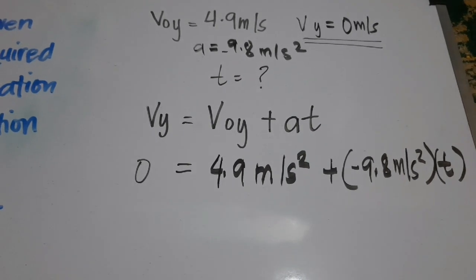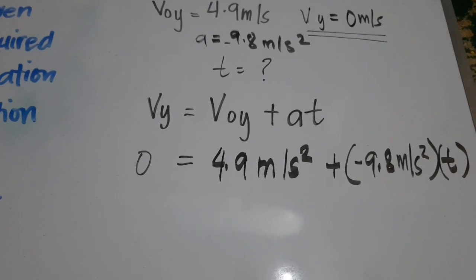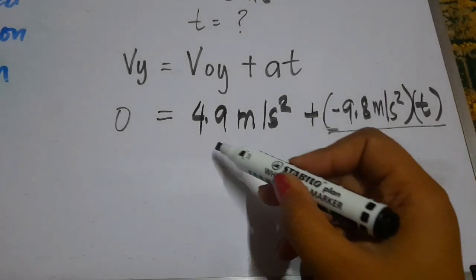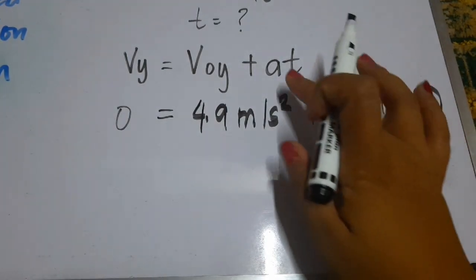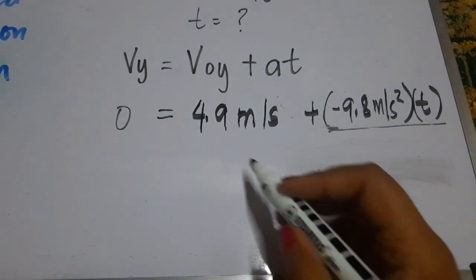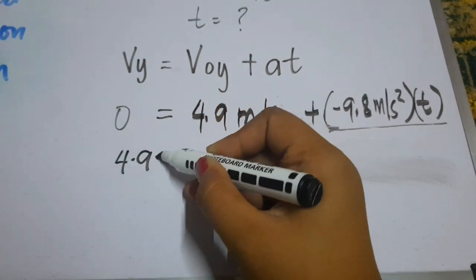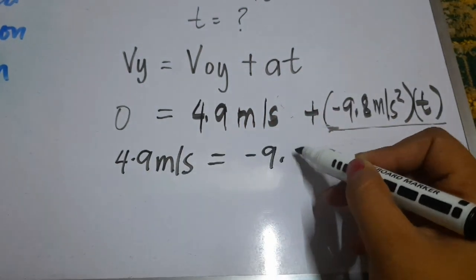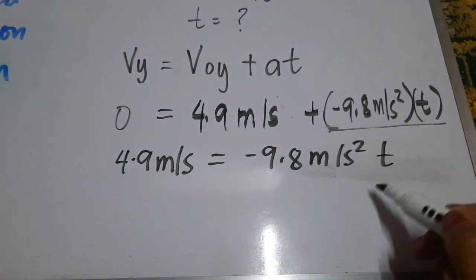Okay, so to solve this one, we must simplify this. Okay, so after we simplify, we must transpose 4.9 meter per second to the other side. So it will become 4.9 meter per second equal to negative 9.8 meter per second squared times time.